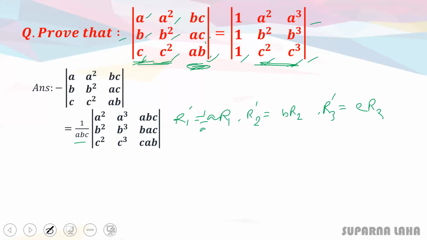So here I am taking 1 upon A, 1 upon B, and 1 upon C out of this determinant.